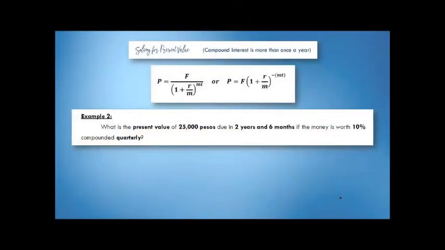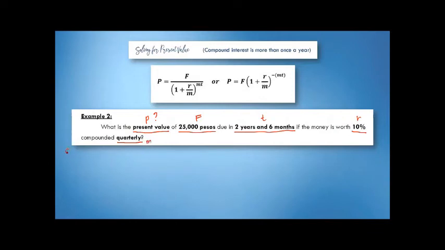So let's have another example for this topic rather. Example number 2, what is the present value of 25,000 pesos due in 2 years and 6 months if the money is worth 10% compounded quarterly. So we are looking for the present value given with the future value. We have the time, the rate of interest, and the compounding period.